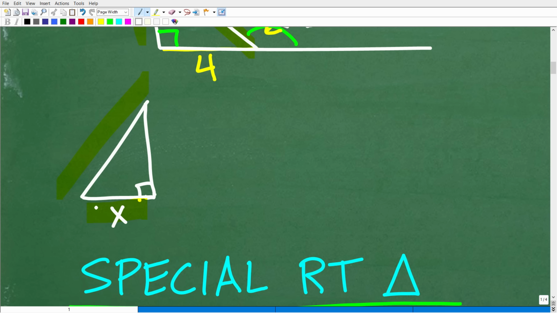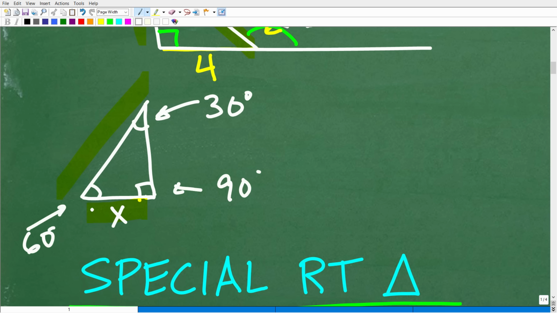There's a theorem that states that the smallest side will be opposite to the smallest angle of a triangle. So this is going to be 30 degrees right here, and this is going to be 60 degrees. Of course, this is 90 degrees. So the smallest side is going to be x. The hypotenuse is 2x, and then this middle side is x square root of 3.